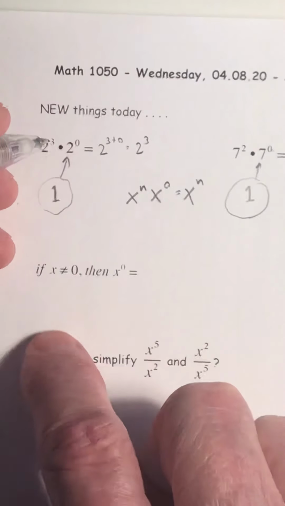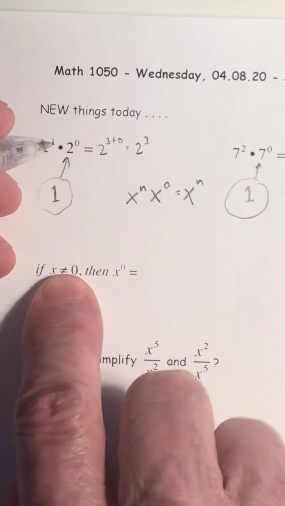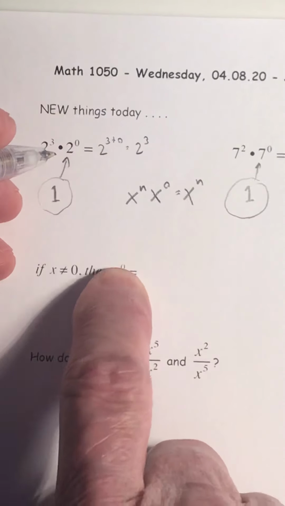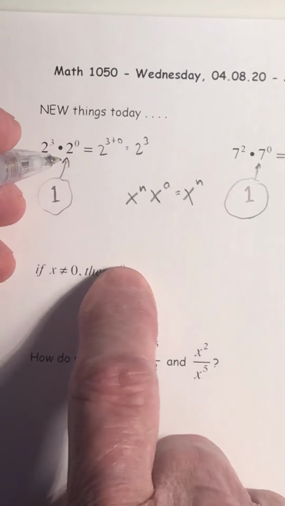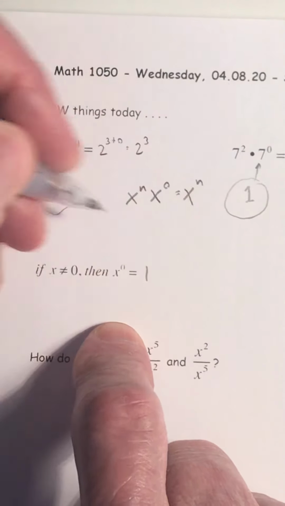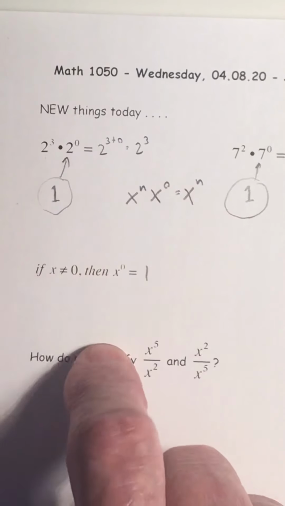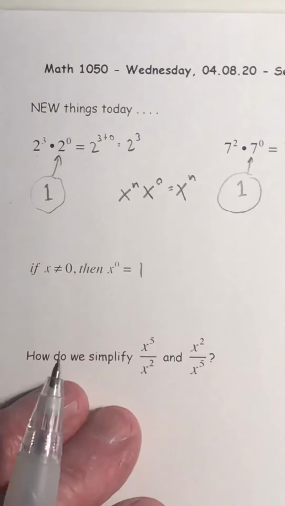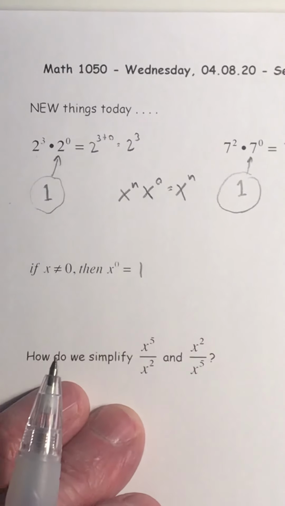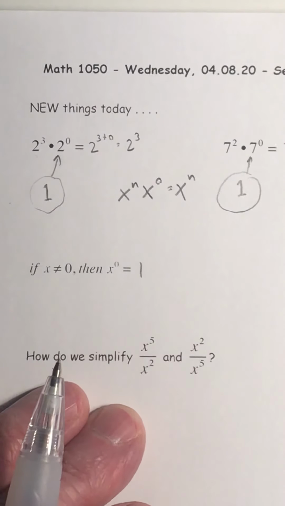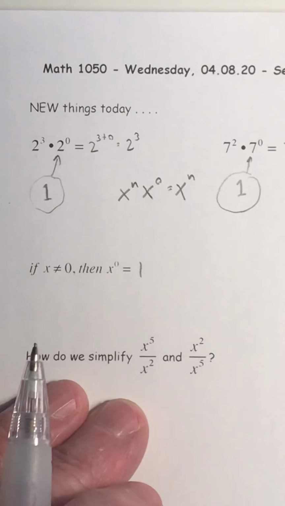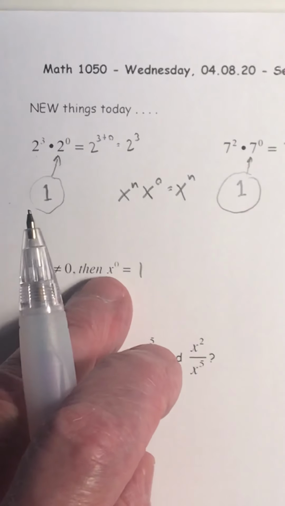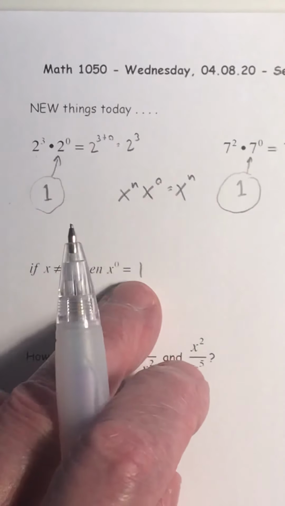And so we can say that x to the 0 power, meaning any number to the 0 power, equals 1, except 0 itself. 0 to the 0 power is undefined. And we'll talk about that some more after we get a few other ideas out of the way. It won't make much sense right now, but anything except 0 to the 0 power equals 1.